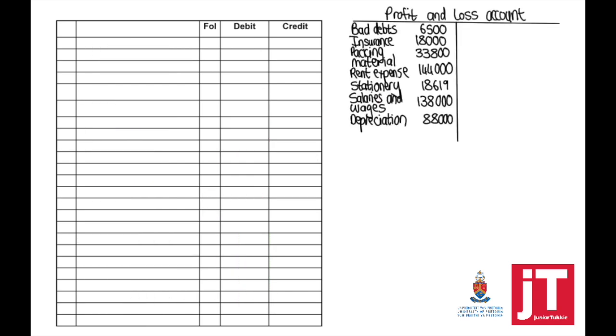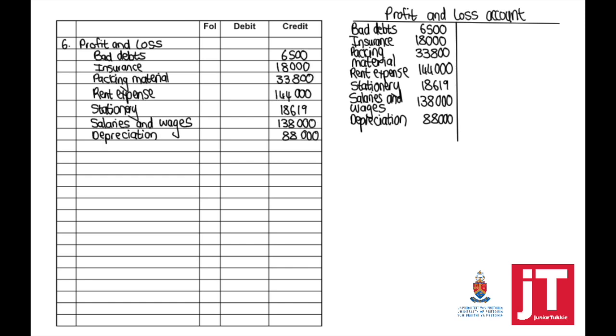Our next step, all expenses is closed off to the profit and loss account. All my expense accounts would have been credited, which means that account debited is the profit and loss account. So we start by just writing profit and loss, and then we list all our expenses which is going to be credited.